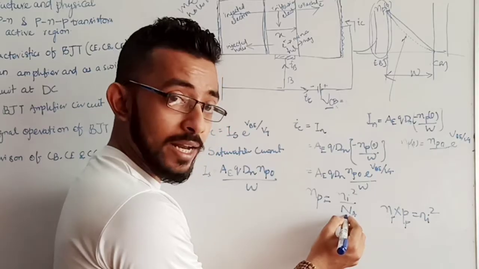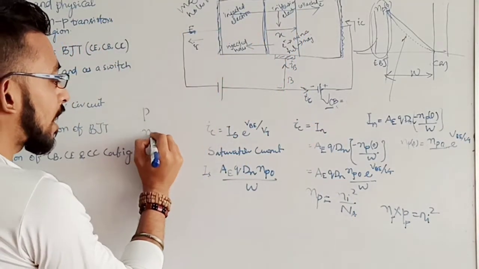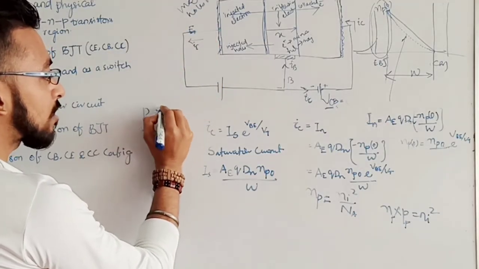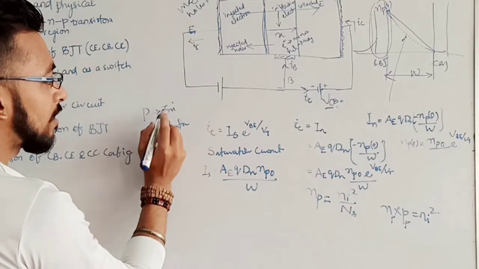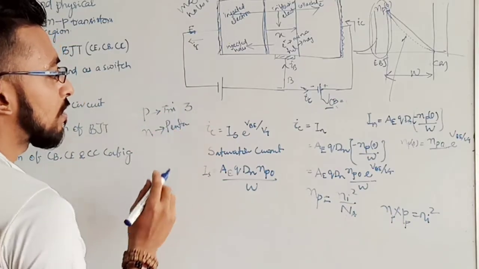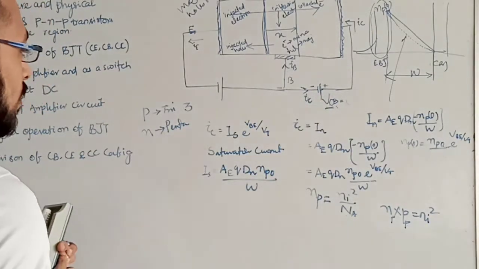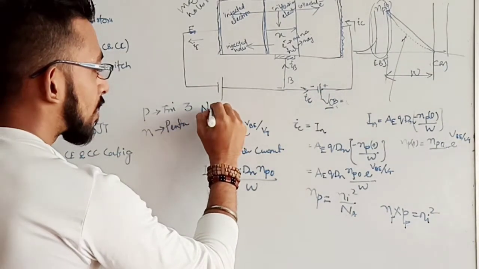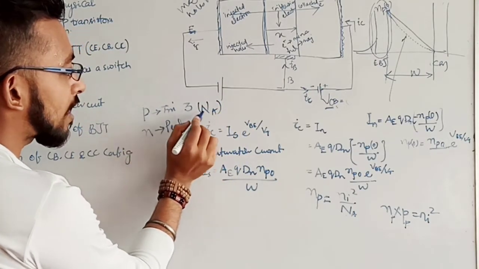That can be written as Na, because this is p type material and this is n type material. P type means it is combined with trivalent, n type means it is combined with pentavalent. Trivalent means 3 electrons, so there is a shortage of electrons. That shortage of electrons will accept, so for p type material Na will come.